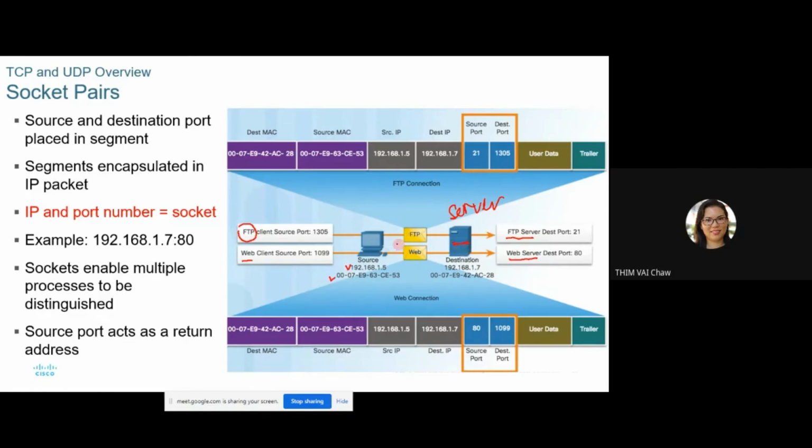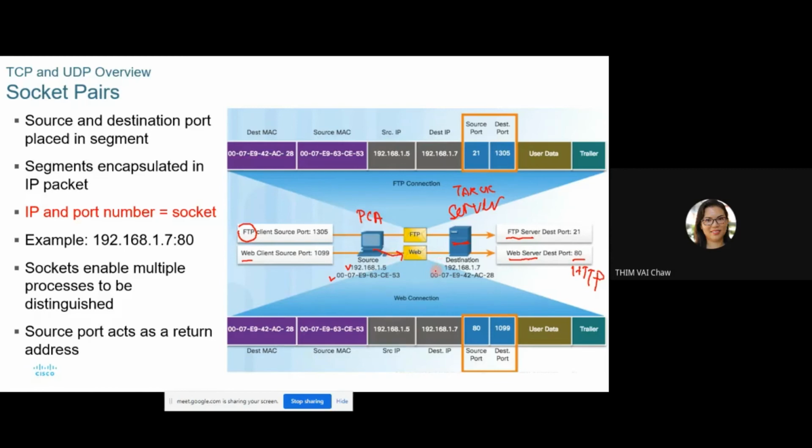Therefore, when this PC requests a web page, it sends the request to the web server. Let's assume this is a turquoise website, and the turquoise website is using HTTP, because this is port 80. So in this case, you are sending the request.